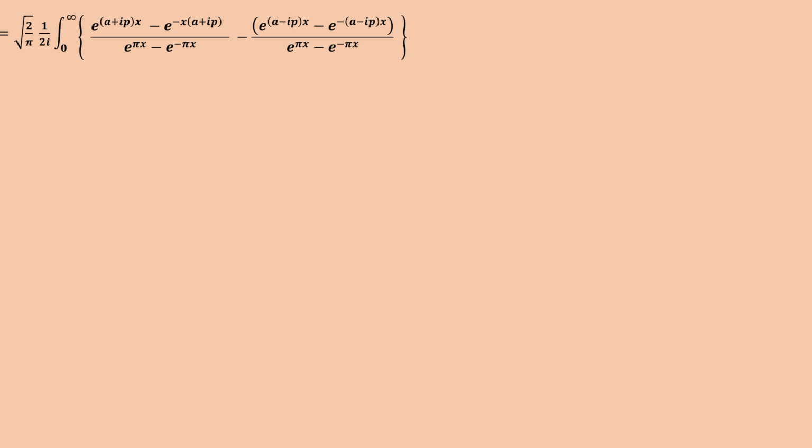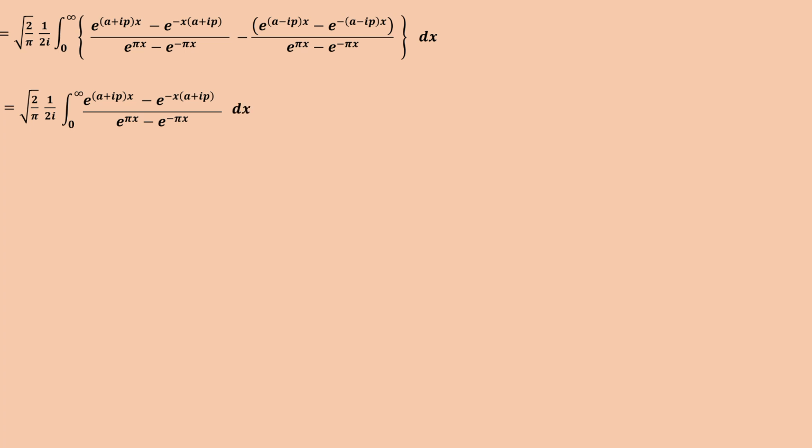So one term minus the next term, we are separating into two terms: e power a minus ipx minus e power minus a minus ipx by e power pi x minus e power minus pi x dx, which is equal to root 2 divided by pi, 1 by 2i, integral 0 to infinity, e power a plus ipx minus e power minus x a plus ip by e power pi x minus e power minus pi x dx.